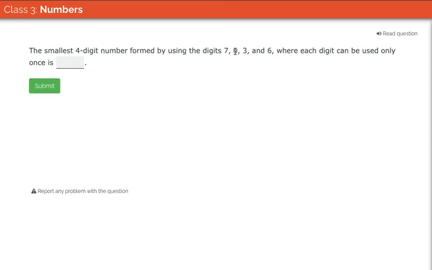So we'll put 0 at the second. So what is the smallest number for the first? 3. Then 0. Then next looks like 6. And let's go with 7.